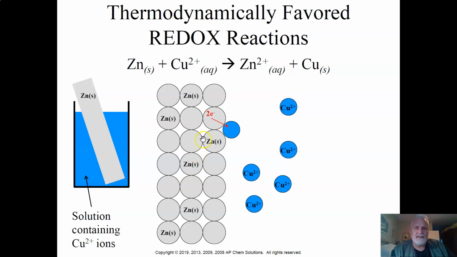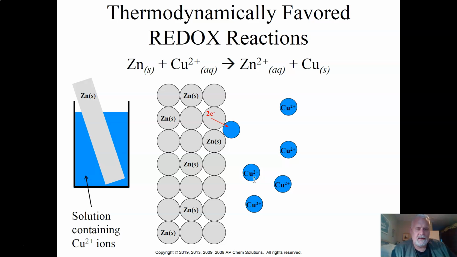What's going to happen is the zinc will actually start to disappear. Okay, and it does that by exchanging and becoming zinc +2. So you have these copper ions out here, which have lost 2 electrons.